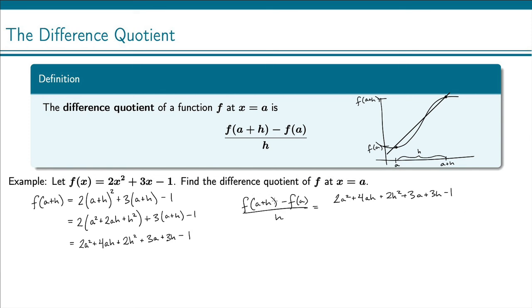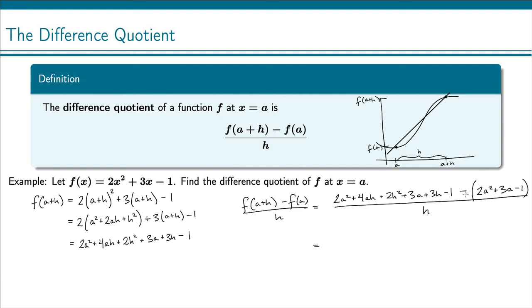That's f of a plus h minus now f of a. Now f of a is just plugging a into the x values here. So that is, and I'm going to put this all in parentheses because I'm subtracting the whole thing, 2a squared plus 3a minus 1. And then that is divided by h.